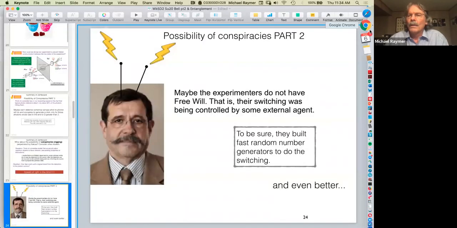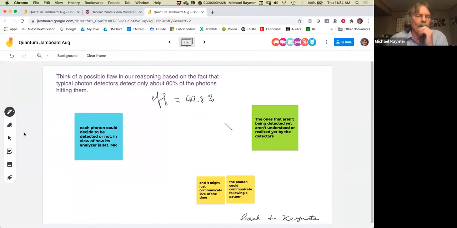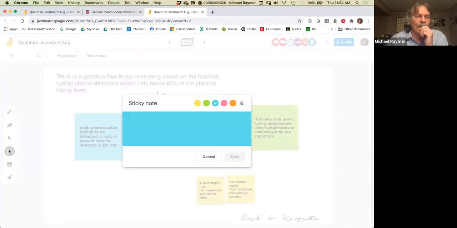I'm going to go to Jamboard. So everybody go back to Jamboard, and I'm going to put a new question in here. How can they make really good, truly random numbers to control the analyzer settings?